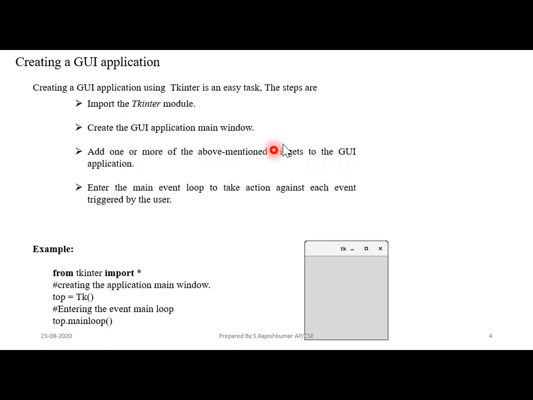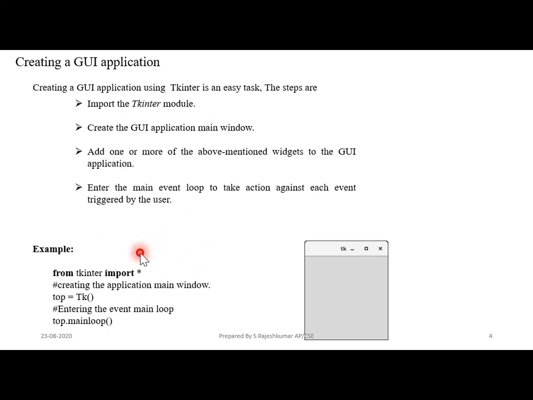So you can add one or more widgets to the GUI application, and enter the event loop to take action against the event triggered by the user. You have to define the event separately, and you have to define the handler separately. Based on that, once the event enters the loop, it will be executed with the action according to the handler defined.